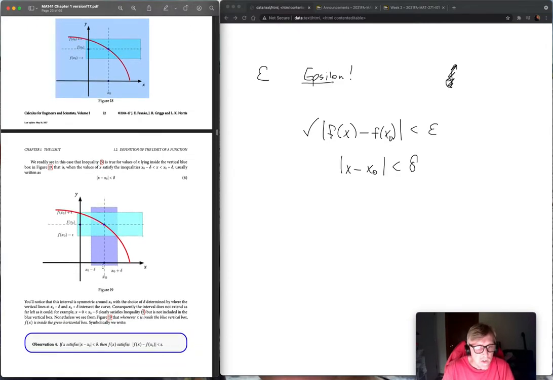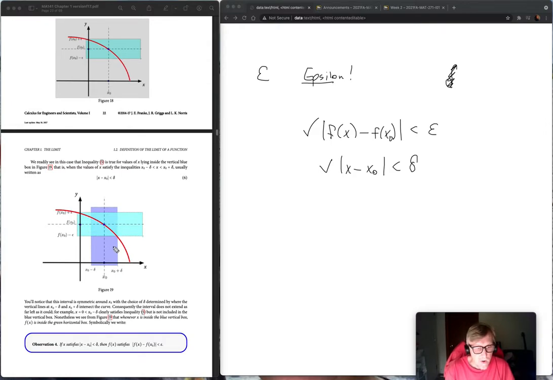So when x is in the purple box, we're hoping that y is in the blue box. That is the most simple explanation I can give you for this epsilon delta business, right? So this purple, it looks purple on my screen. Hopefully it comes out purple on yours. But this is sort of like a light blue here, and this is sort of like a lavender color.